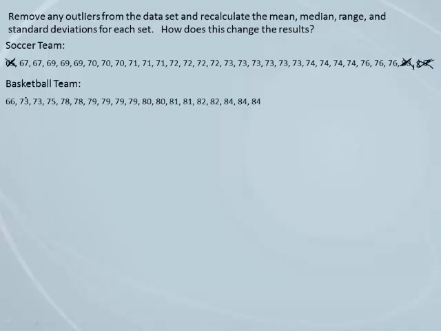And on our basketball team, we had 1 outlier, so we take him out. If I calculate the mean, median, and range for each of these now, so we have the soccer team, and we have the basketball team. We're going to have our original data and our new data.